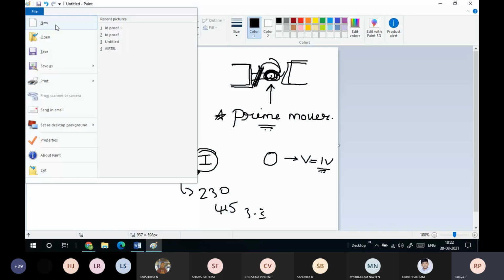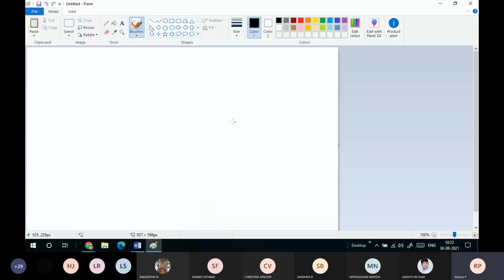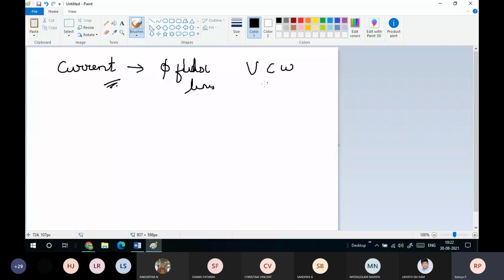So the one thing you have to remember is the necessary magnetic flux lines are mainly produced because of the current. That means the flux lines, whatever flux you are producing here, are mainly produced because of this current parameter, the current carrying windings. Even in the windings, we have the voltage carrying windings and the current carrying windings.